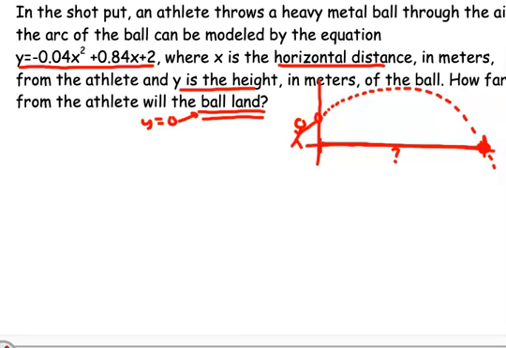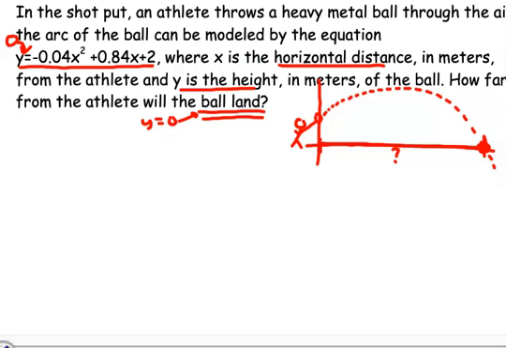We want to know when will the ball be 0 feet off the ground. So what that means is we want to put 0 in for y, and we want to solve for what x gives us a height of 0. So let's do that.